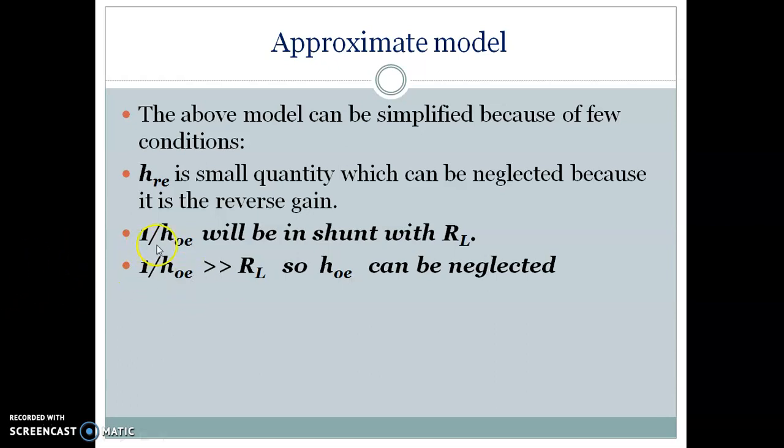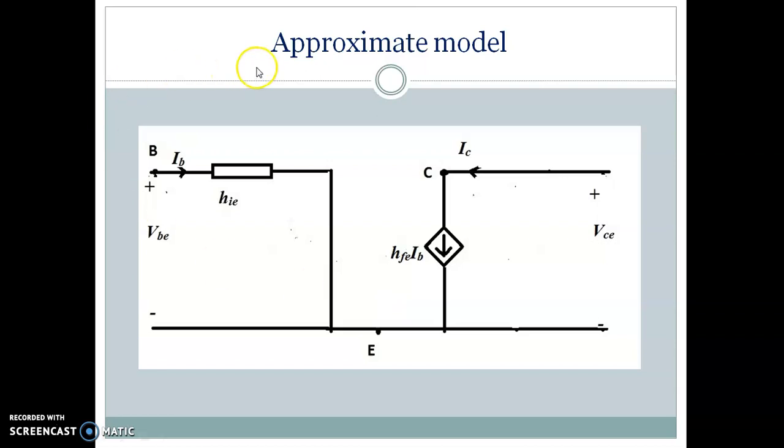Since 1 by hoe is very large, it can be neglected. We can adopt this approximation when hoe RL is less than 1. So throwing away the reverse voltage gain and the output impedance, the model reduces to the input impedance and the current source.